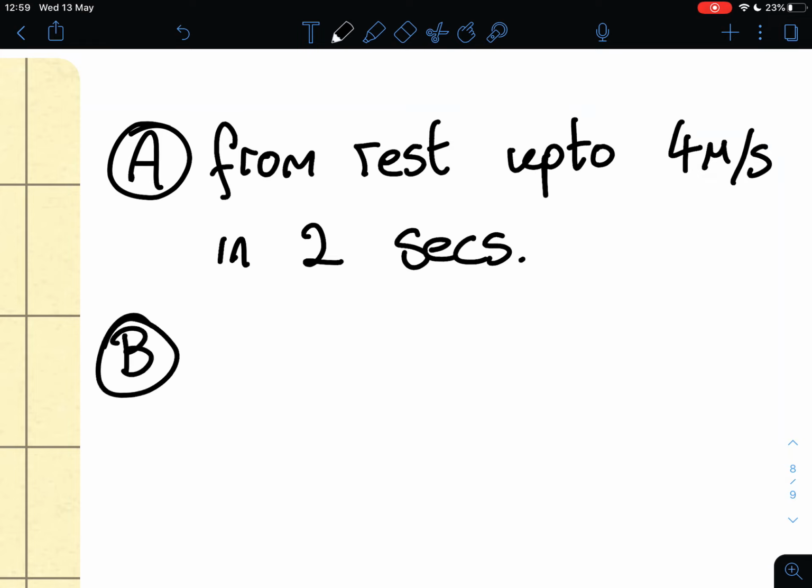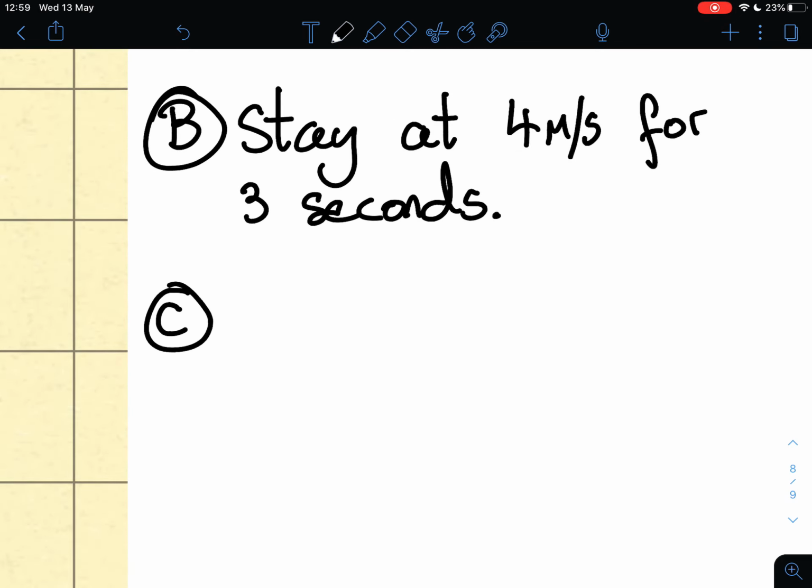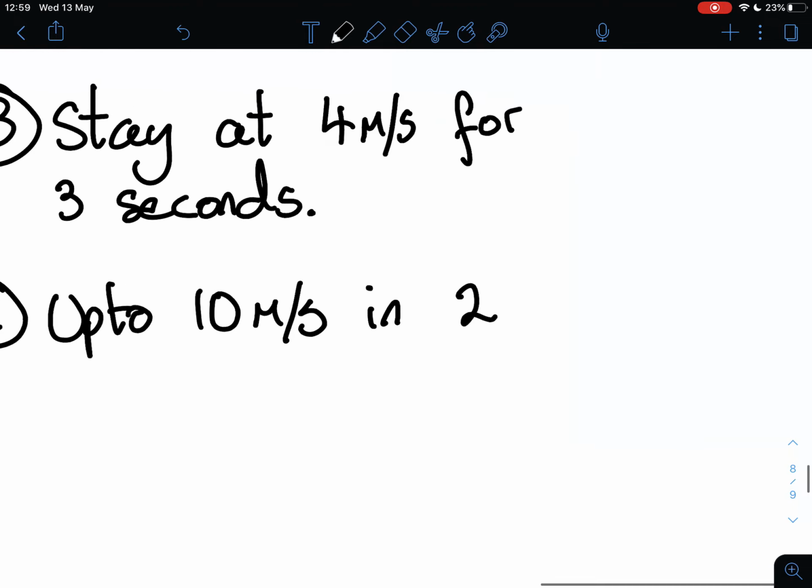B: stay at 4 meters per second for 3 seconds. C: up to, let's say, 10 meters per second in 2 seconds.